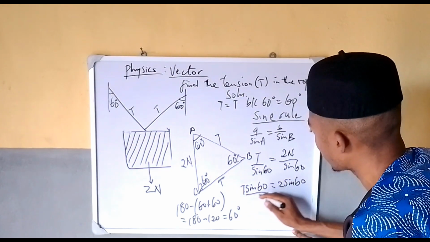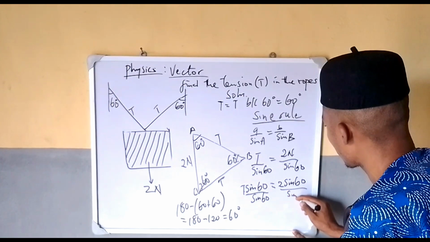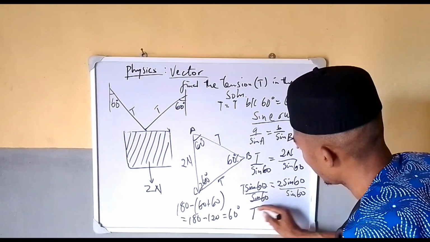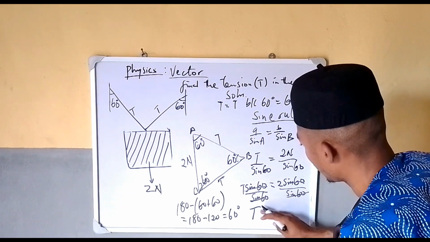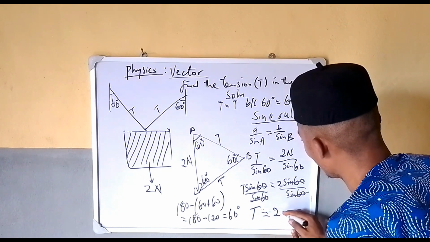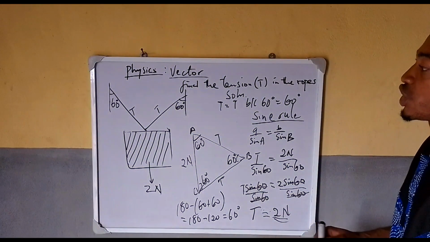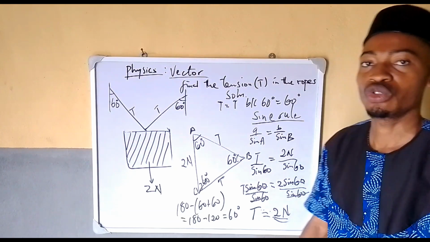So you divide both sides by sine 60. So this sine 60 cancels this. I'm left with T equals to, sine 60 here cancels this, I'm left with T is equal to 2 newton. So the tension in each of these ropes is equals to 2 newton.